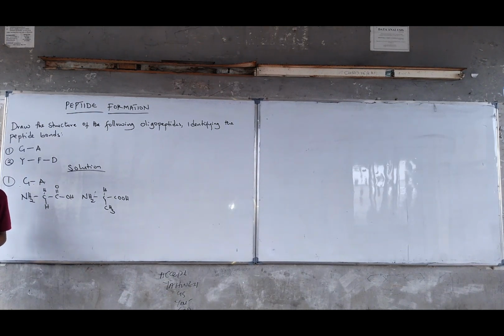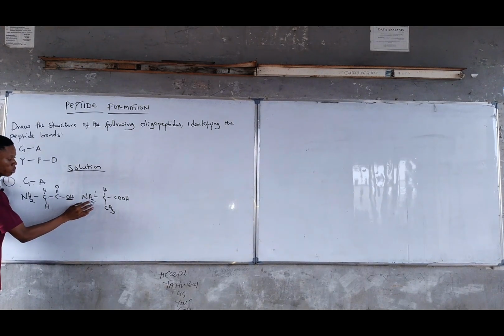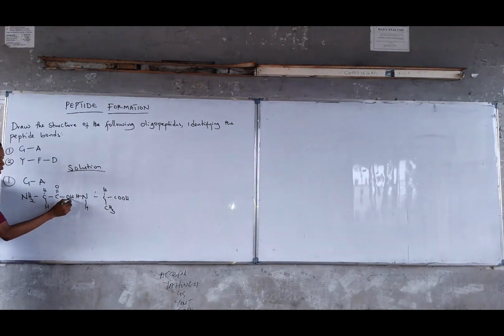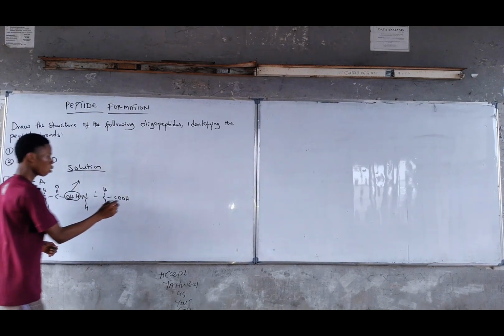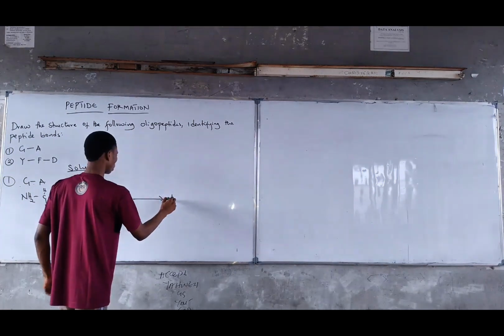I know in a condensation reaction, water is given up, right? And water is H2O. So this OH can take one H from here. Right? So this OH here can take this H, and water is given up, right? Is it not? So I'll have something like this.